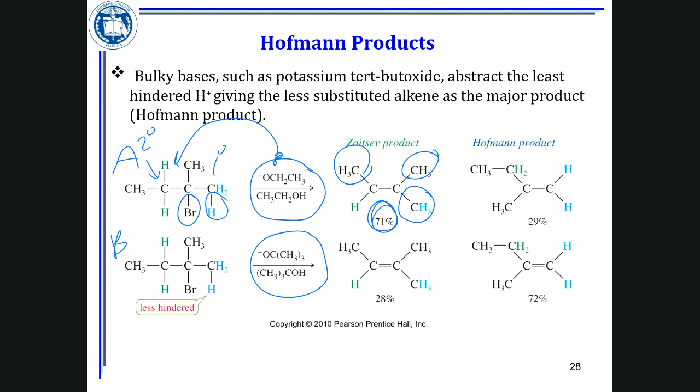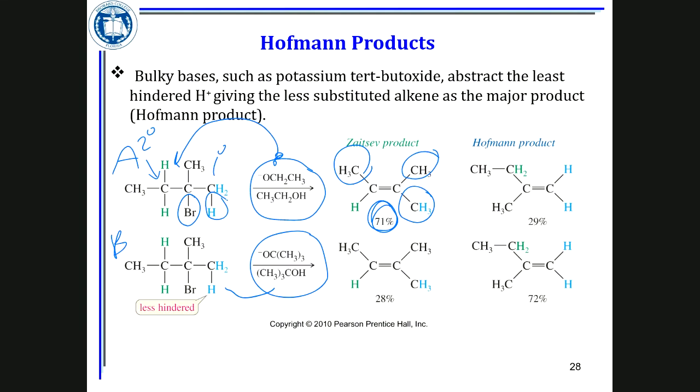If you are using a bulky base, it is looking for an easier approach to the molecule. A bulky base is going to attack or abstract the hydrogen from the carbon that is least substituted.